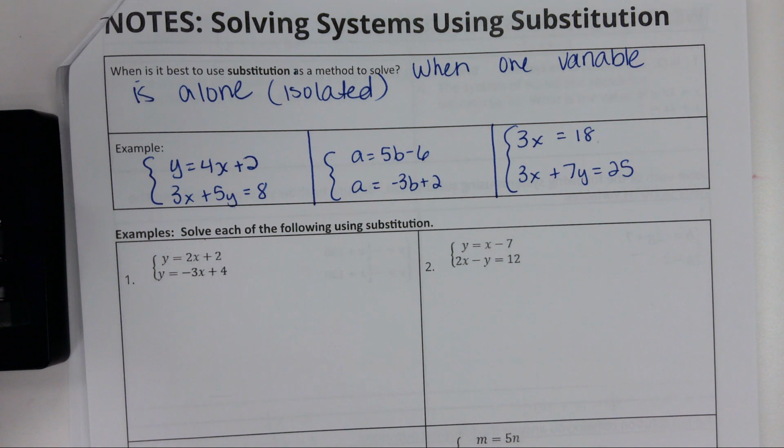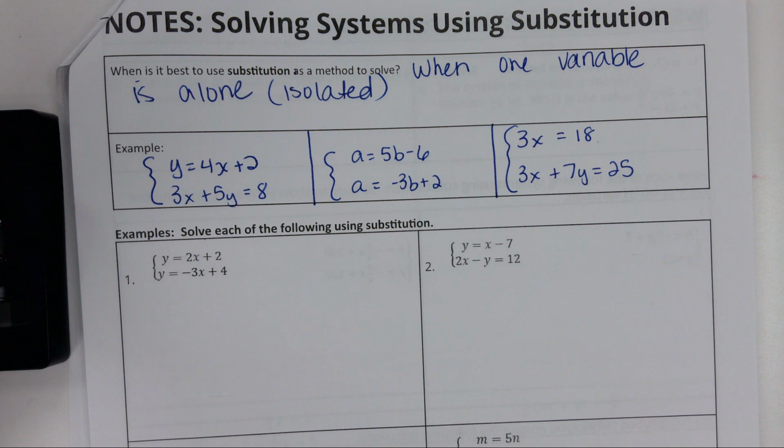Michaela? Well, we do have the 25, but right here we've got a 3x all by itself. The variable's not really isolated, because we'd want it to be 1x, but we do have 3x by itself.